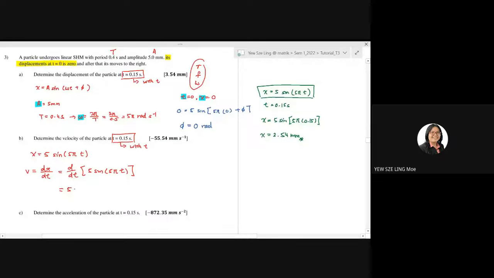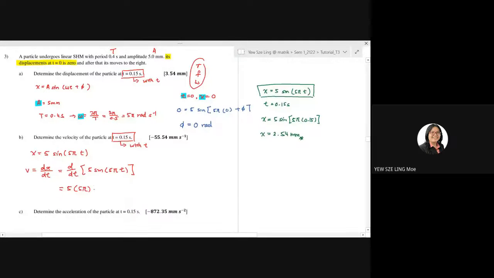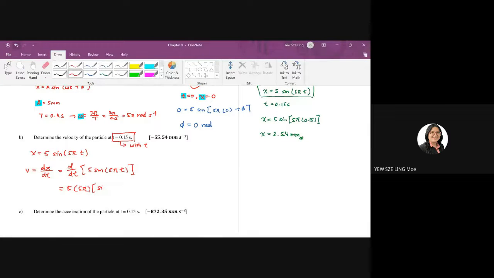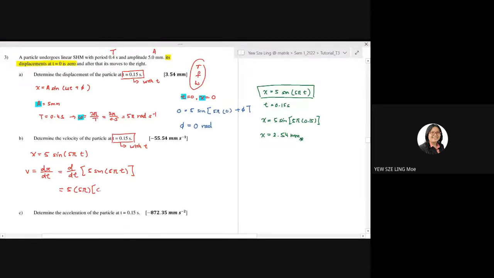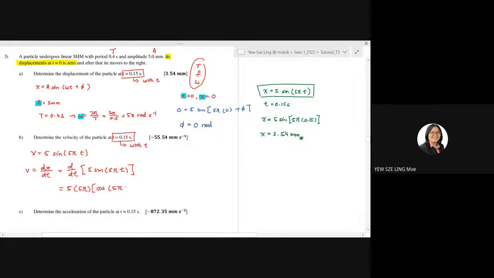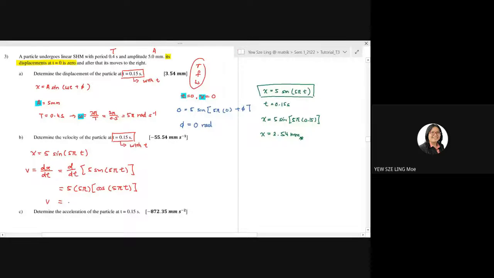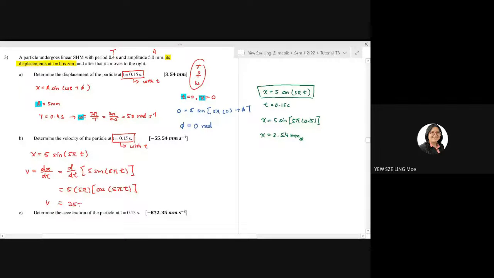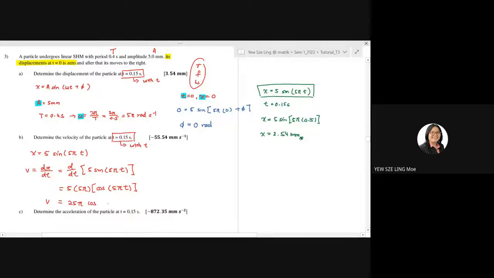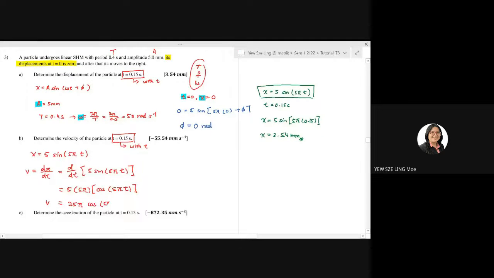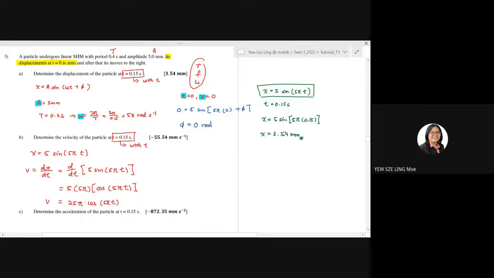I will get 5 times 5 pi, and then times cos 5 pi t. So differentiate sine, you obtain cos. So it equals 25 pi cos 5 pi t. So that is the equation for v.